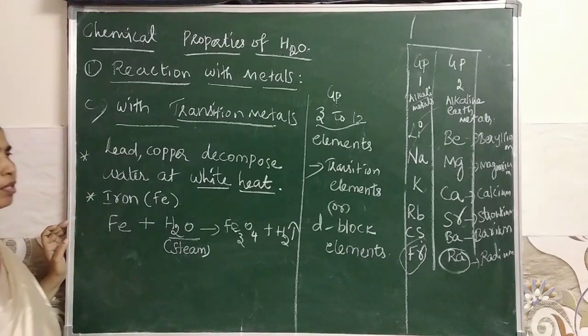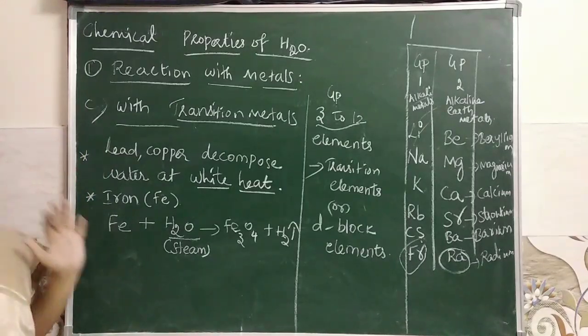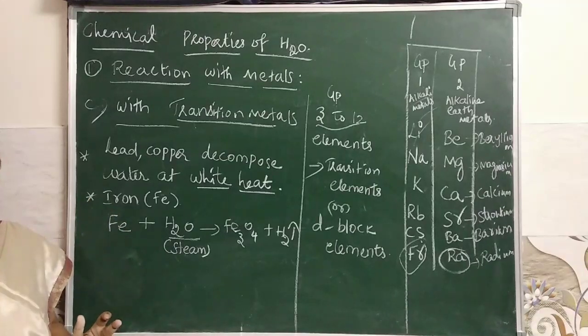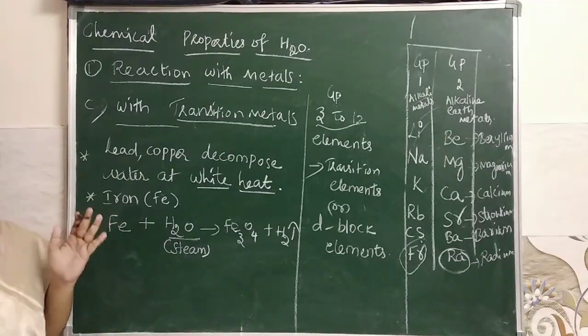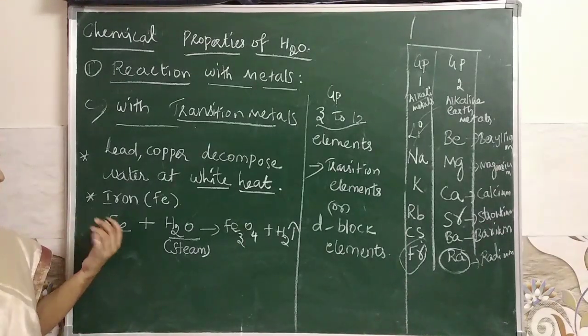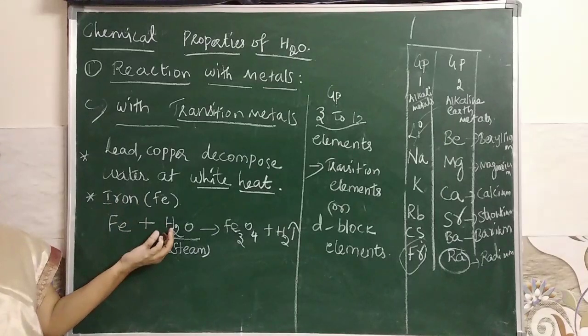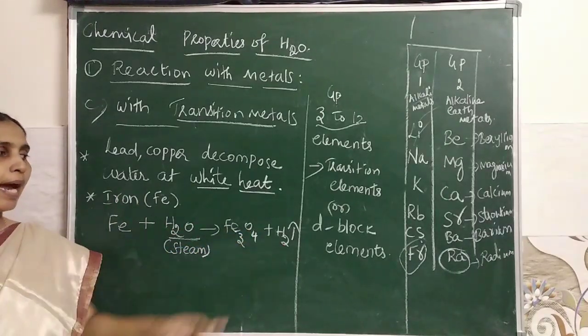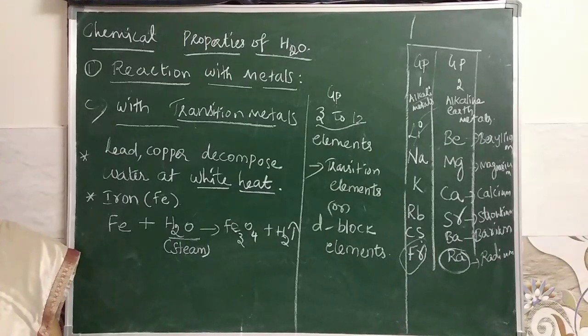The first two reactions, with alkali metals and alkaline earth metals, water reacts forming hydroxide. Here the transition element reacts with water forming oxide and evolution of hydrogen.